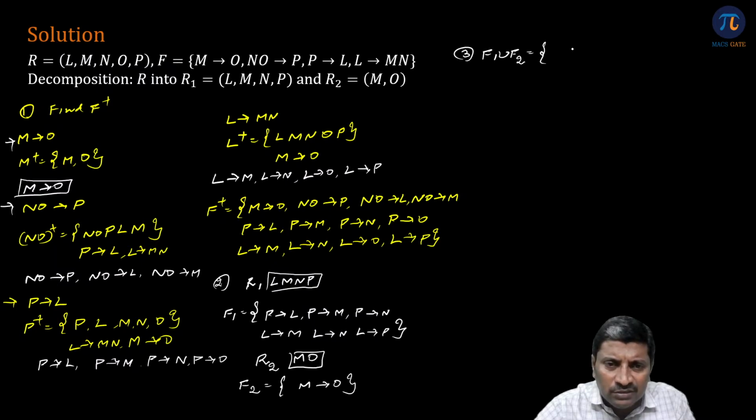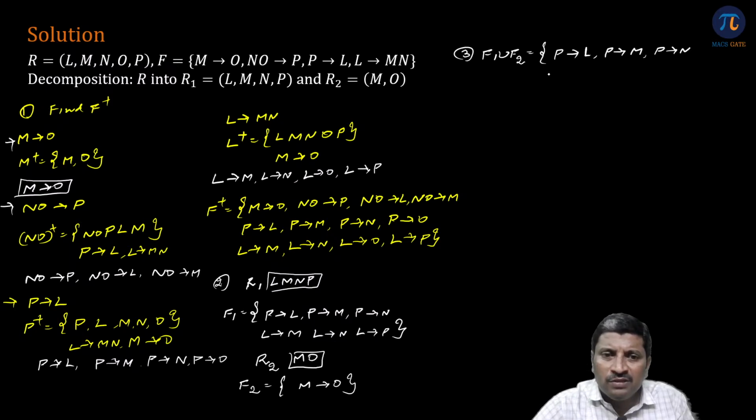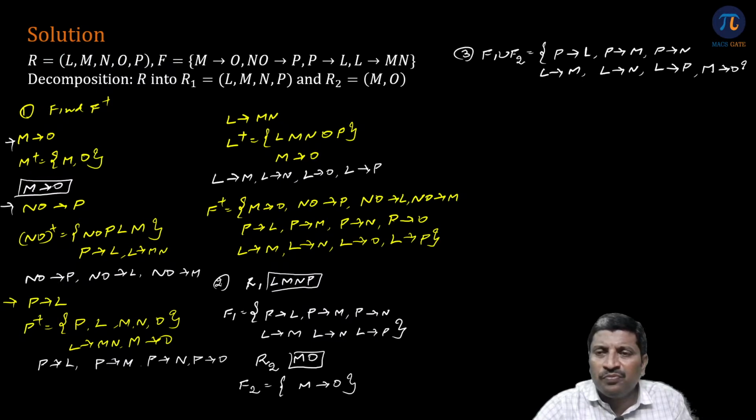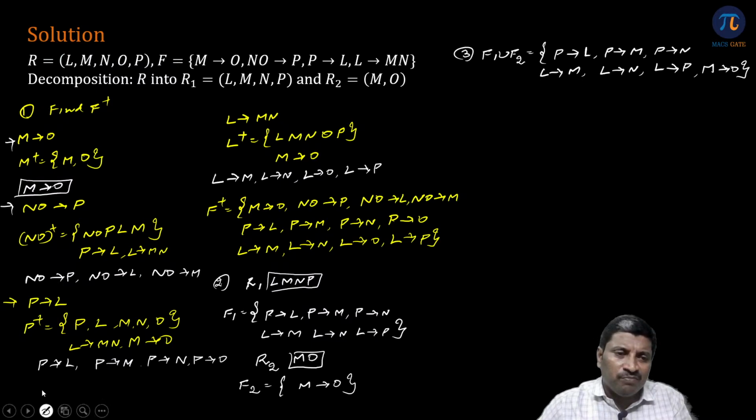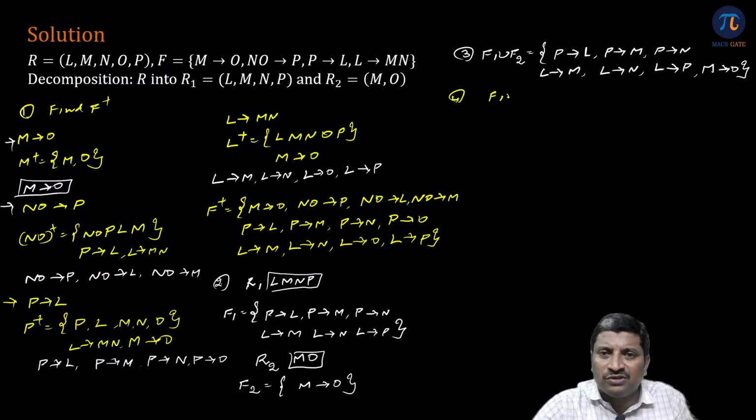You are having P goes to L, P goes to M, P goes to N. Then L goes to M, L goes to N, L goes to P, M goes to O. What is the fourth step, sir? We need to verify whether it covers F or not.